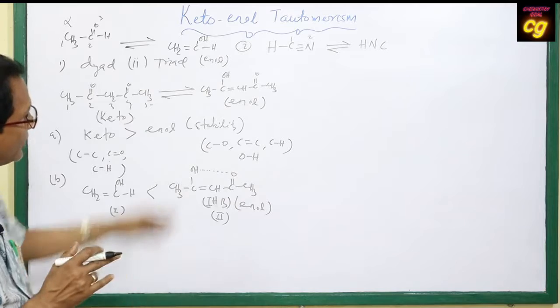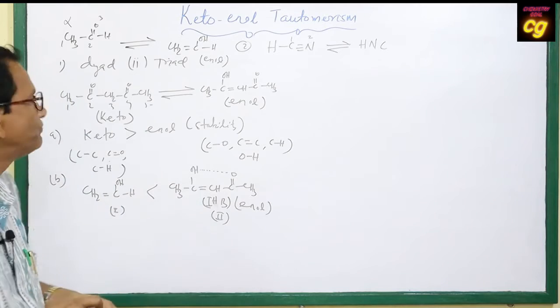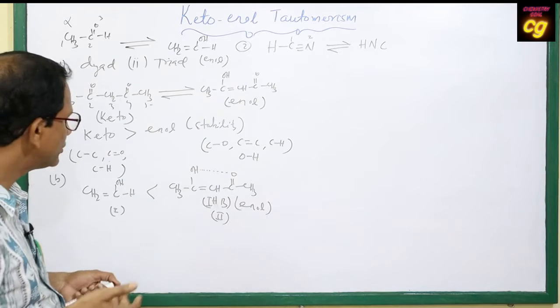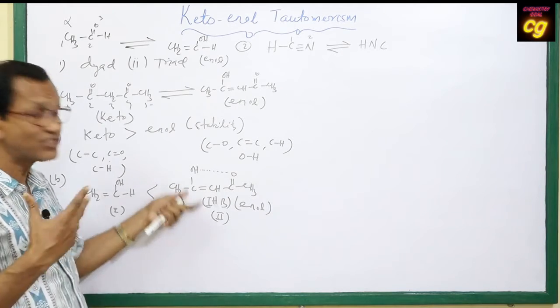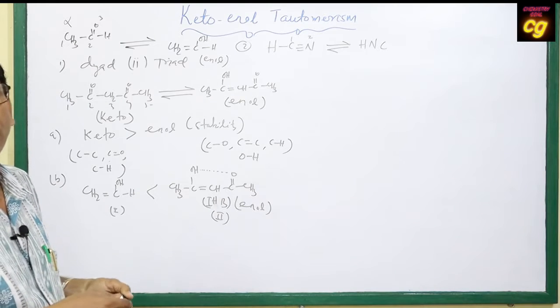So if the enol form is stabilized by hydrogen bonding, by resonance, by hyperconjugation, then the percentage of enol form will be more.